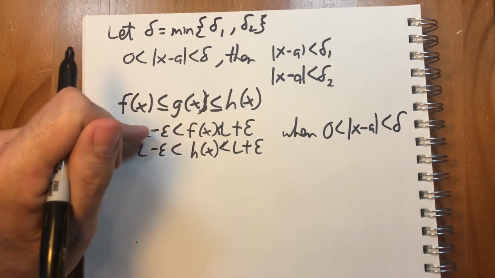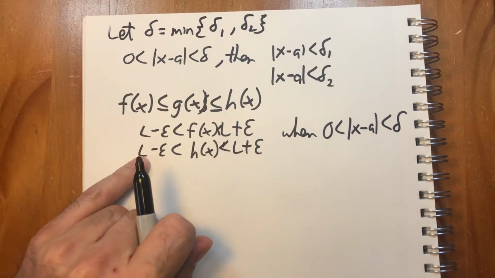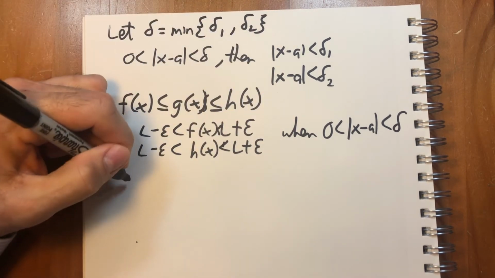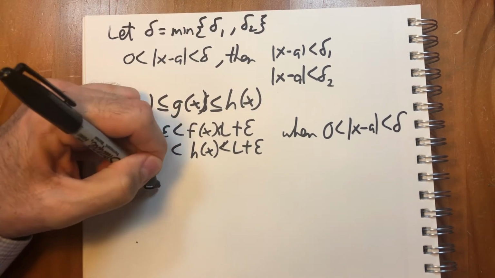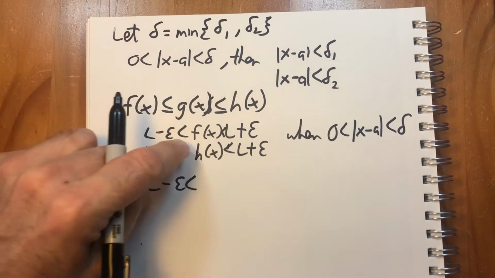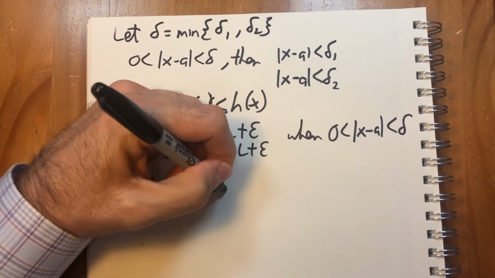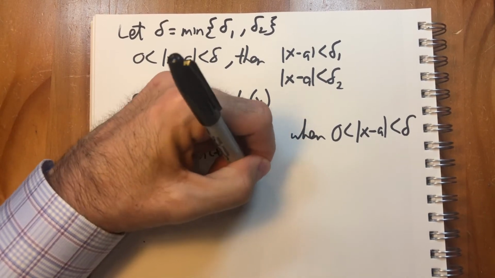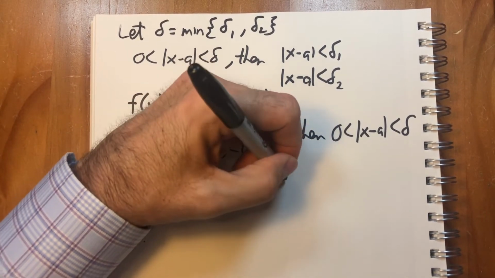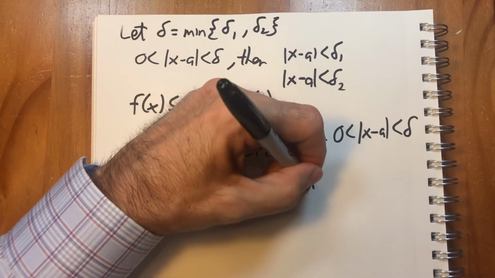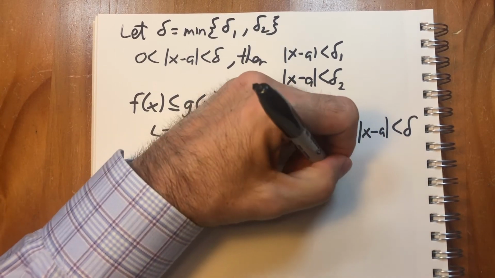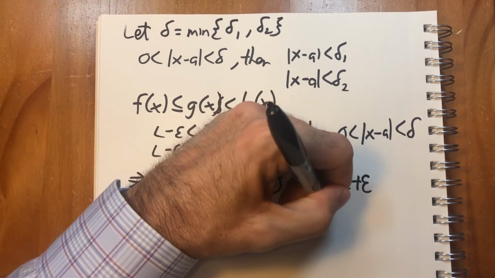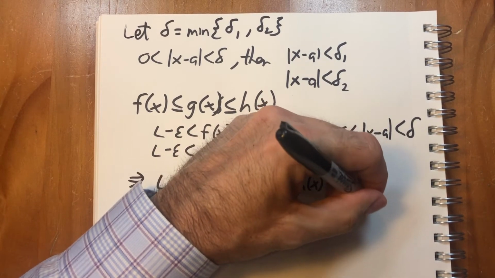So if this one is in here and this one is in here, then it has to be that g is in between them. So it has to be that L minus epsilon is less than f of x, is less than or equal to g of x, is less than or equal to h of x, and h of x is less than L plus epsilon when 0 is less than |x minus a| is less than delta.